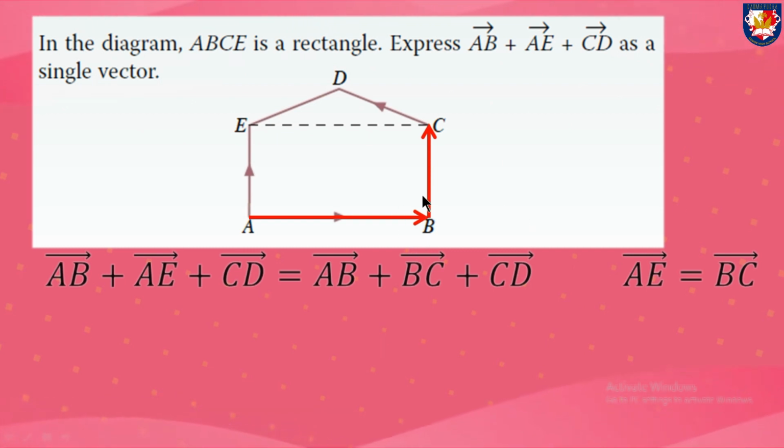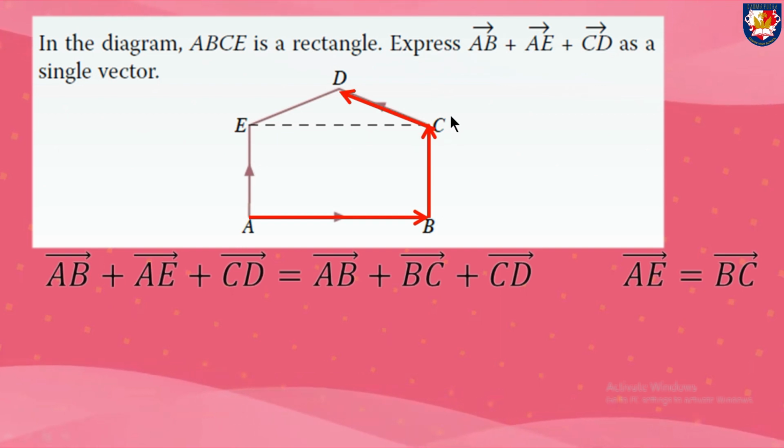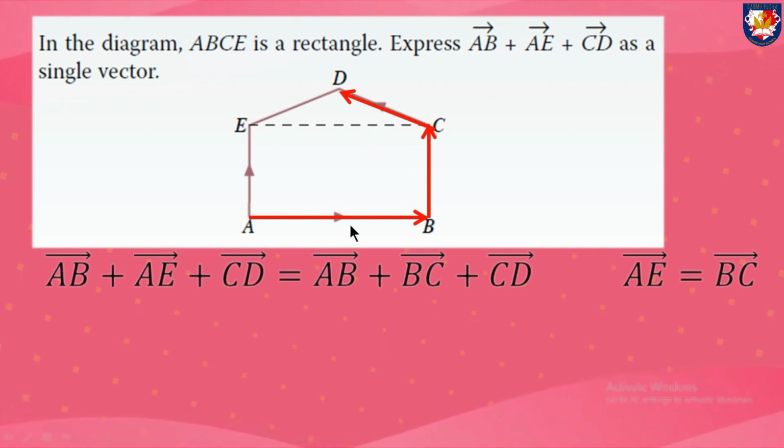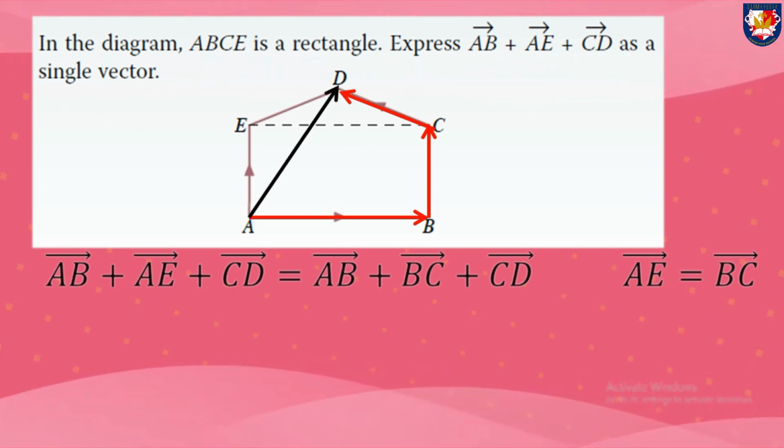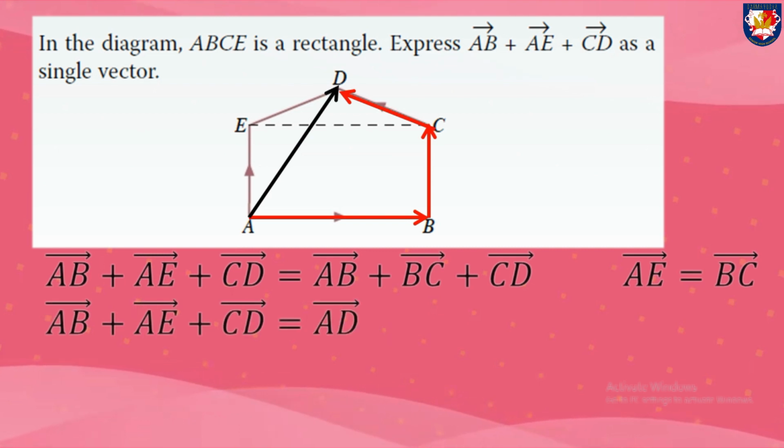The initial point of BC meets the terminal point of AB. And then factor CD, where the initial point of CD meets the terminal point of BC. Since these points meet, we can find that factor AB plus factor BC plus factor CD is actually equal to factor AD, as you can see here in the graph.